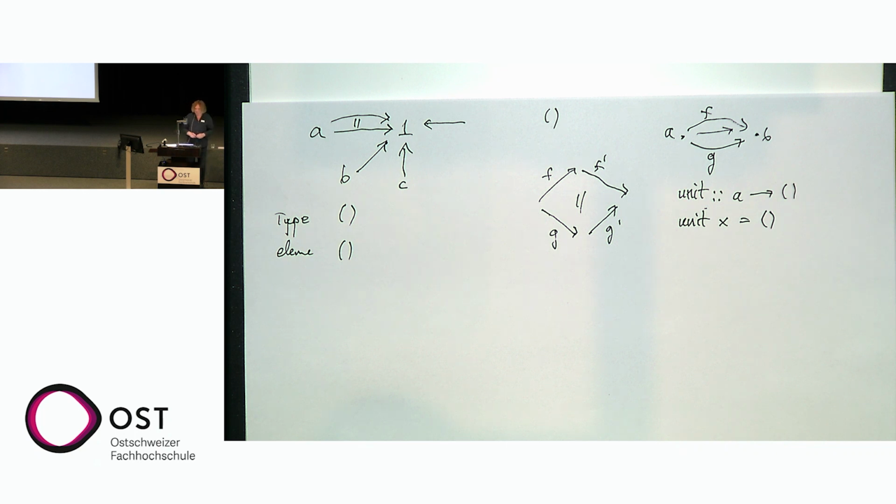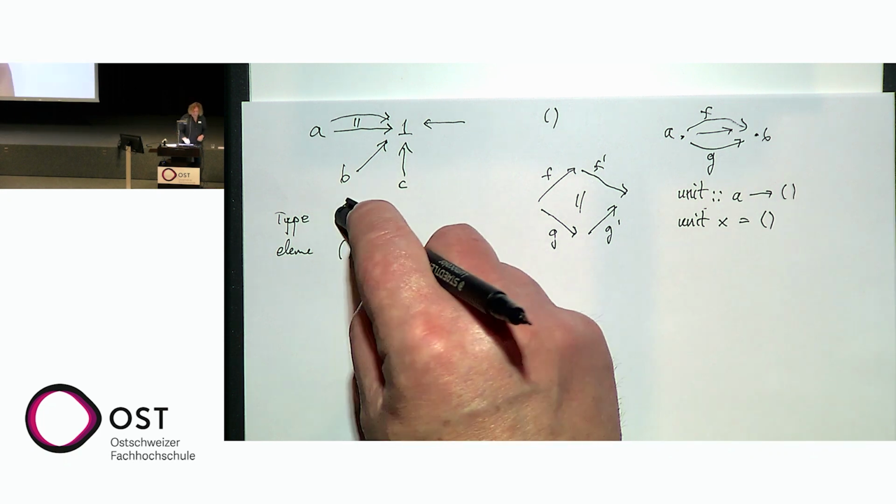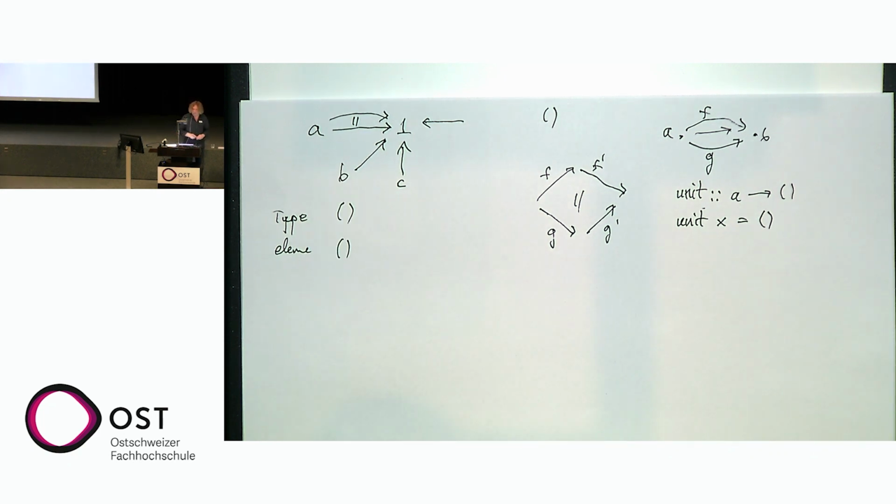Okay, so this is sort of a trivial thing, but it's very important that we can define this Haskell type, the unit type, just by talking about arrows. We say this is a terminal object in our category, meaning there is a unique arrow from any other object in the category. So that tells us this is the terminal object, this is the unit type.